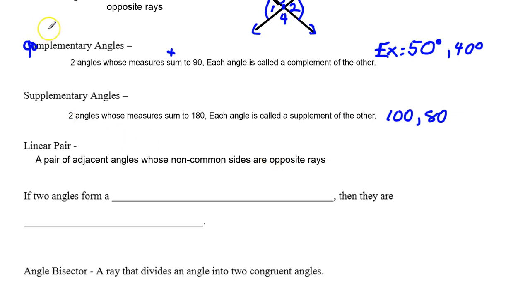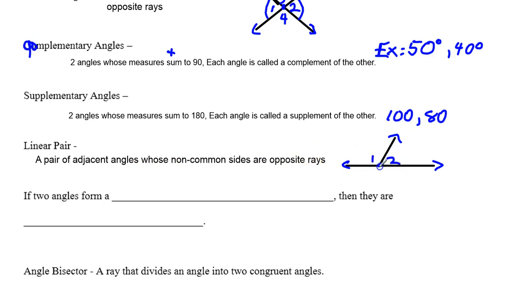Okay, the next one is called a linear pair. Like the name suggests, linear, we think about when we have a line, and some kind of angle, and pair meaning two angles happening here. So these angles here, we'll call this angle 1 and angle 2, those would form a linear pair. So it's a pair of adjacent angles whose non-common sides are opposite rays.